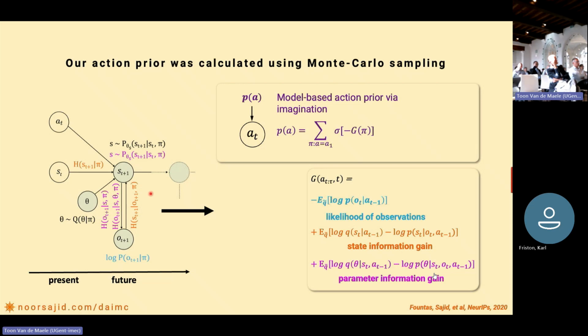For the state information gain, we're again sampling the thetas and the states and outcomes sequentially through the ancestral sampling process. Then we're using the parameters of the neural network theta to approximate over using MC dropout. That gives us the state information gain formulation. The last one is the parameter information gain.